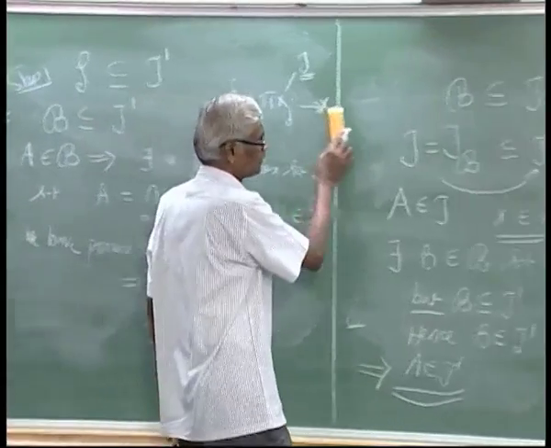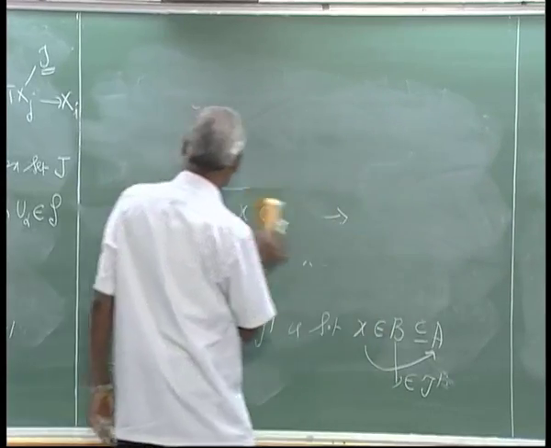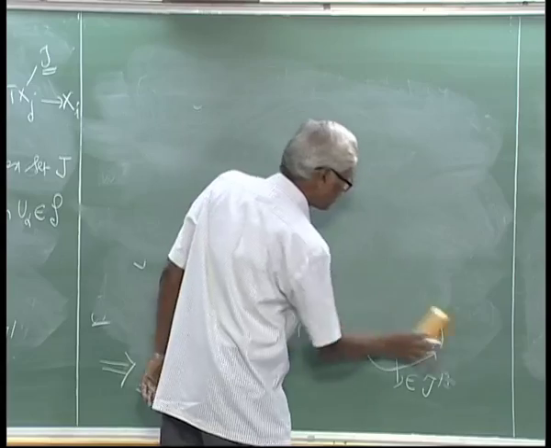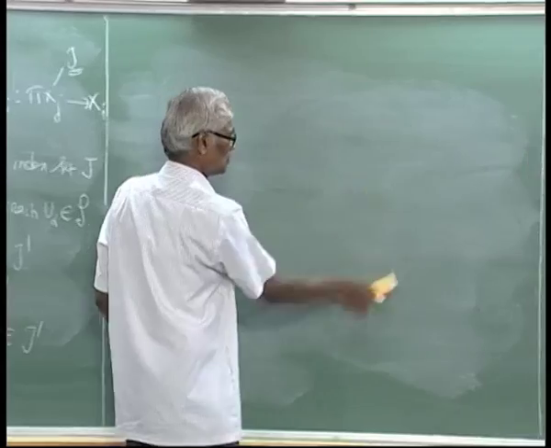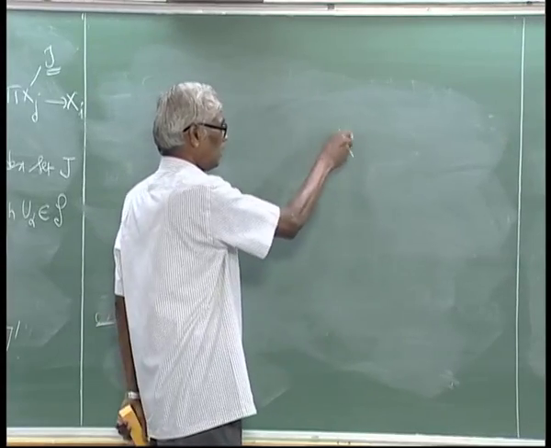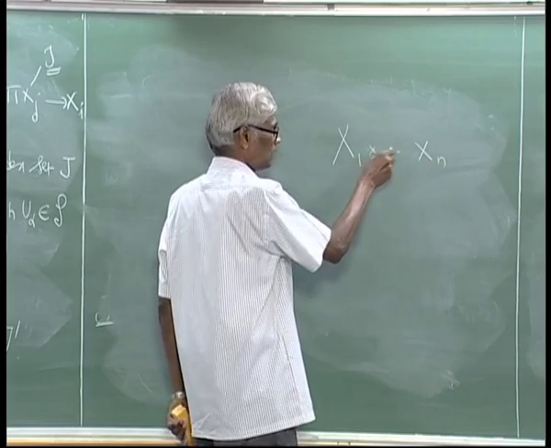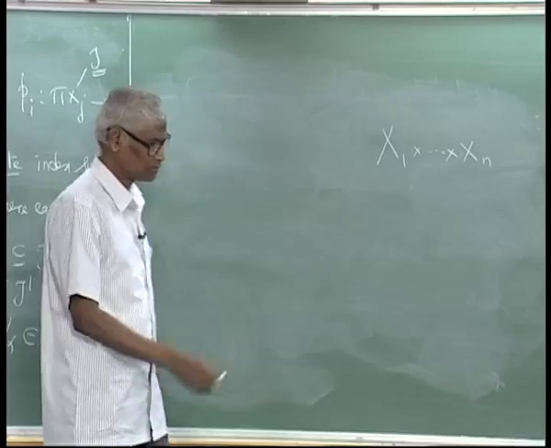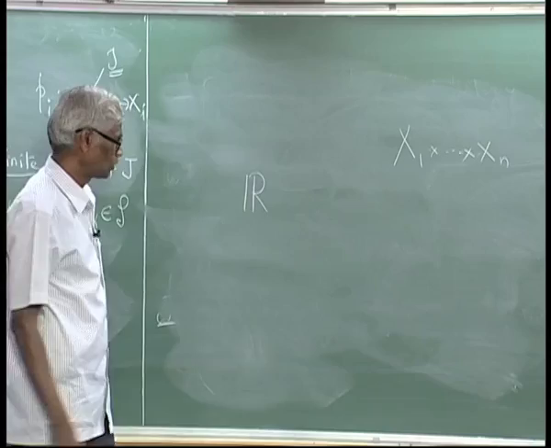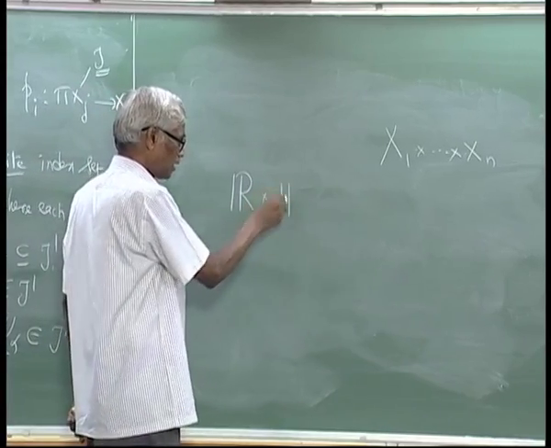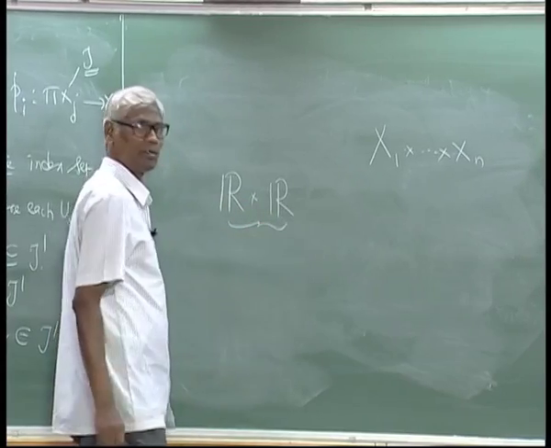This gives now a way of constructing new topological spaces. Once you are given X1, X2, Xn, this will give a new topology. Like we have R with the usual topology, then R cross R, where we can now define the product topology.